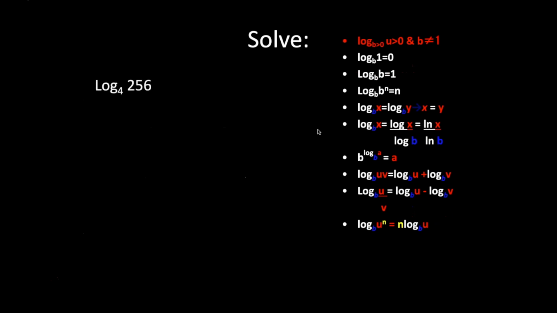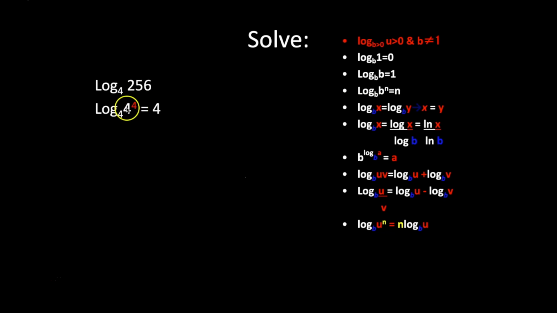Let's do a few more. Log base 4 of 256. We can actually do this without a calculator. We could do it with our calculator with the base change formula. Did you know that 256 is 4 to the 4th power? That's probably not too commonly known.